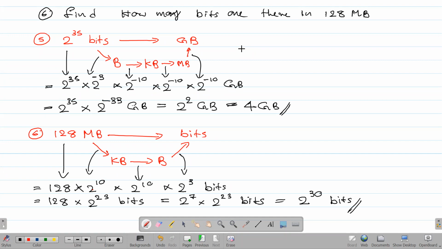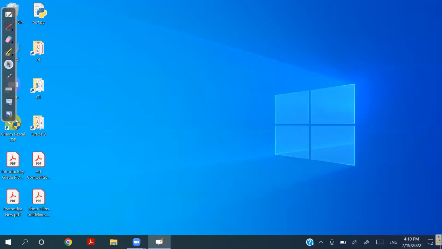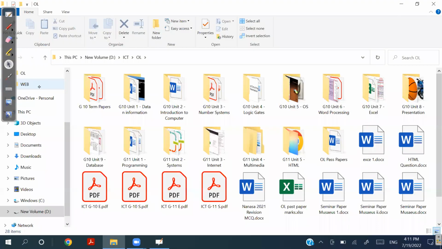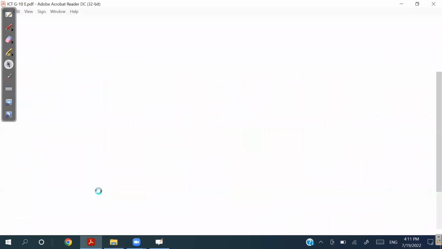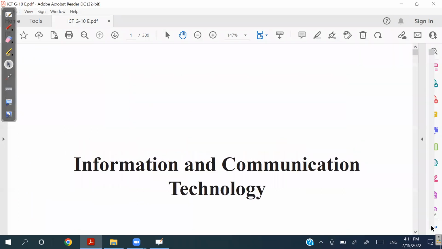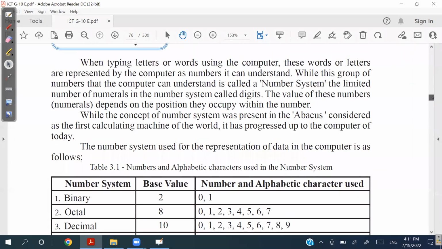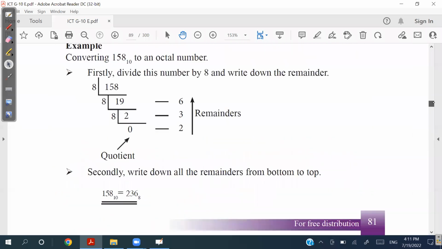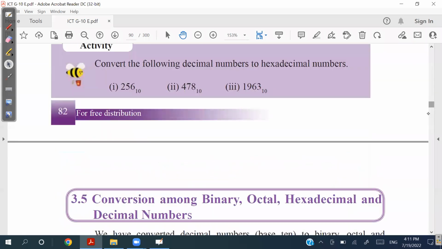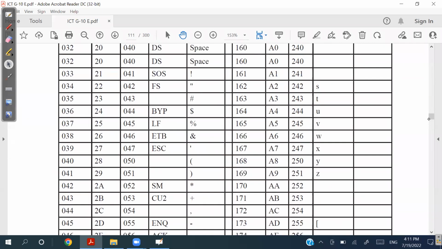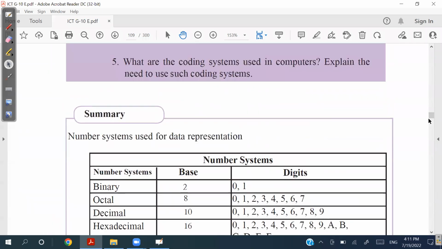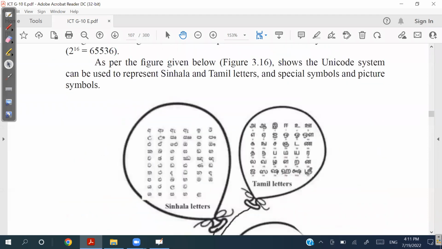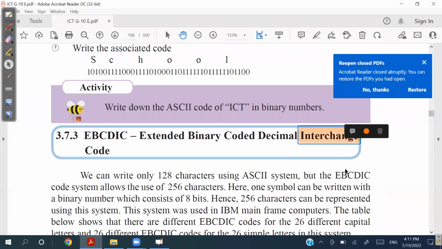Okay, so let's go to the last part of the lesson. So let me have the note. Yeah, so we had these conversions and the bits and the byte thing.